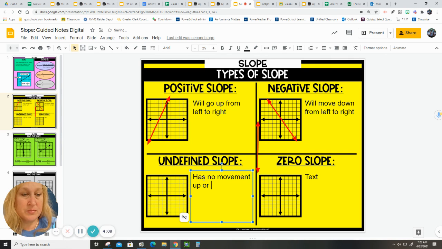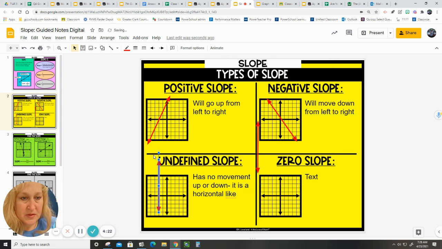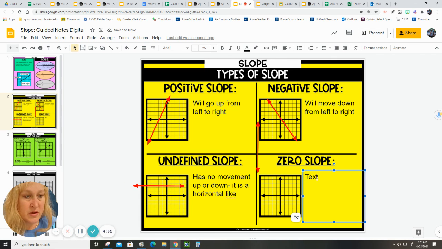Up or down. It is a vertical. Nope, it is a horizontal line. And let's draw one of those. Let's get it straight. There you go. Zero slope is a horizontal line.